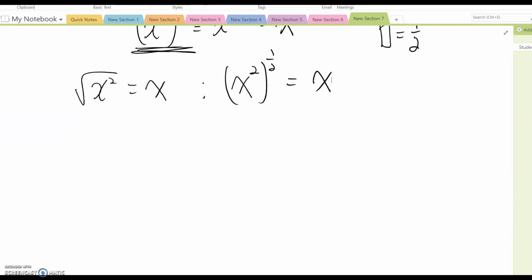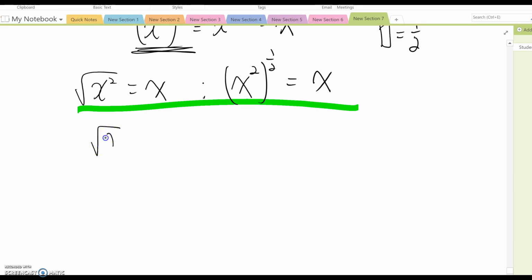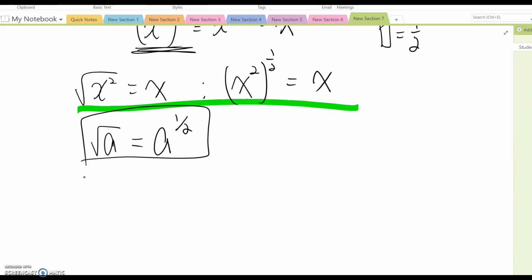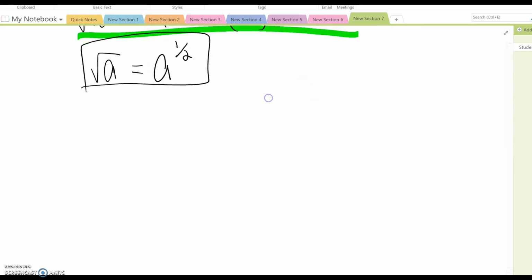So based on this fact, what can we generate? Square root a means a to the 1 over 2 power. That's how we can generate it. That's the key point here. Now, what about this case? You may have heard of cubic root a.